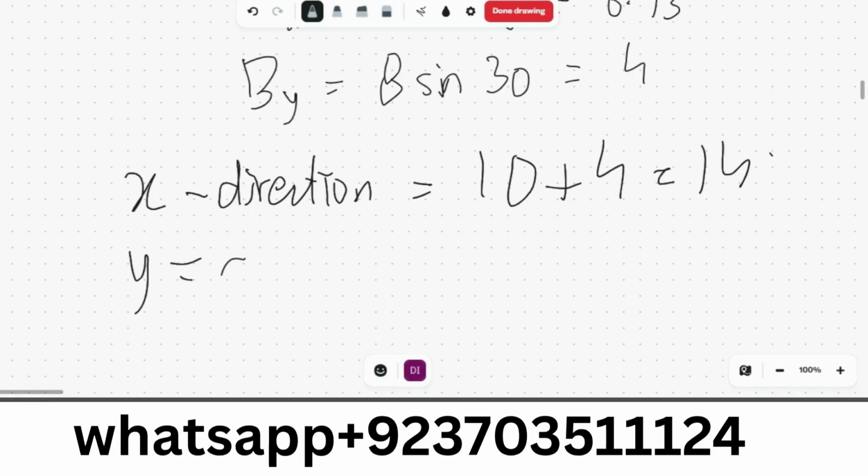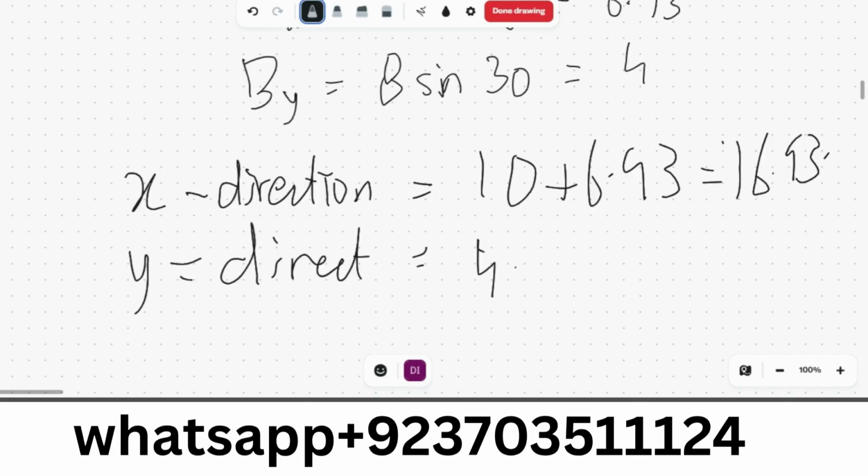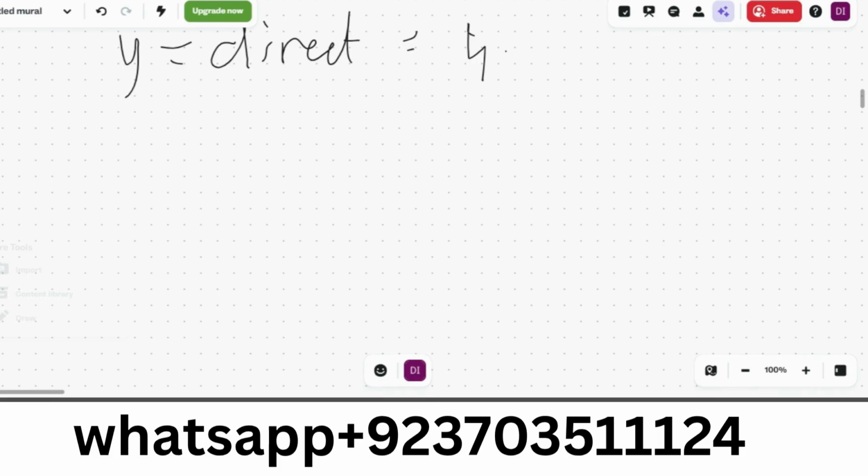In the y direction we have simply 4. So how can we find the resultant magnitude?